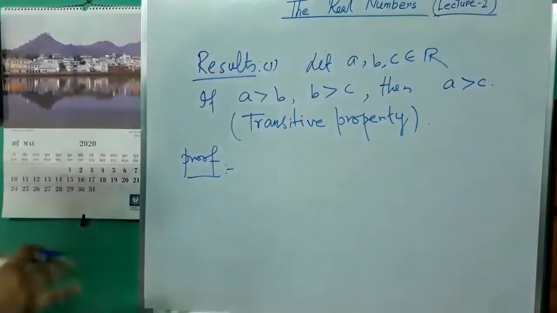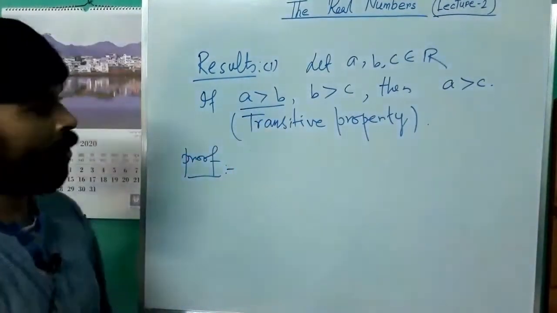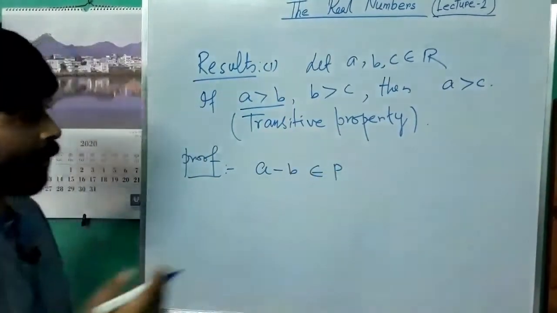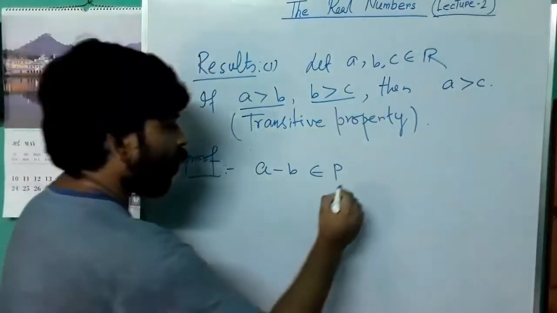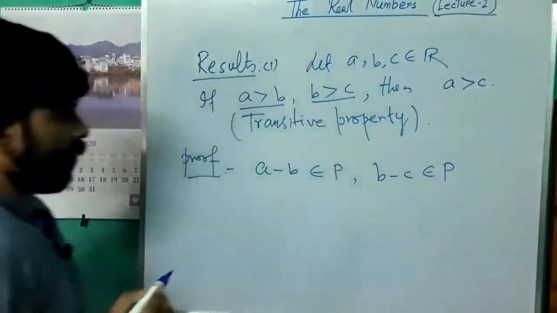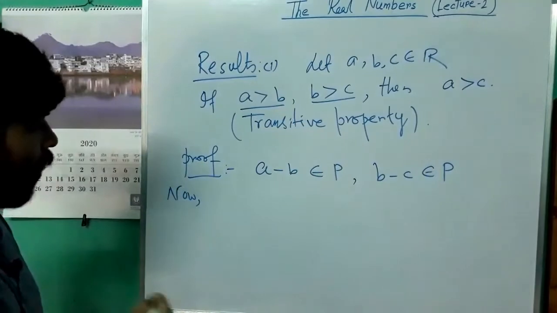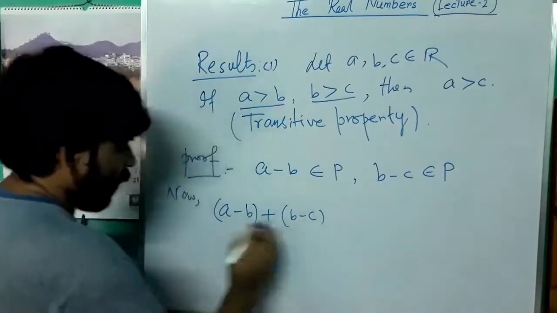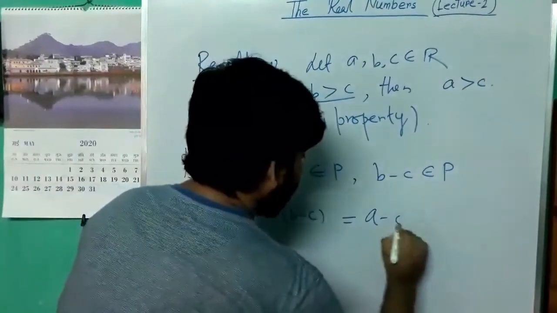Proof. What is given? Given that a is strictly greater than b, by definition a minus b belongs to the set P, and since b is strictly greater than c, b minus c is also in P. Now by algebraic properties of R, we see that the sum of these two elements is a minus c.